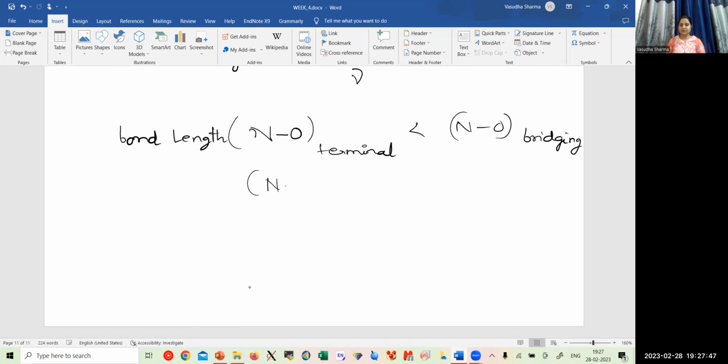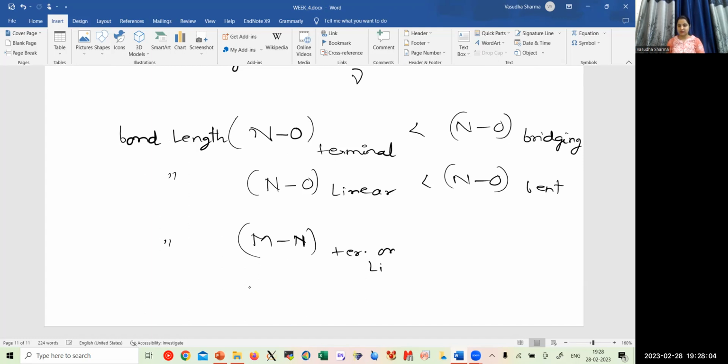Not much difference, but still NO linear, then bent. Also the bond length of metal N, terminal or linear, is less than metal N from bridging or bent. So this we need to remember.